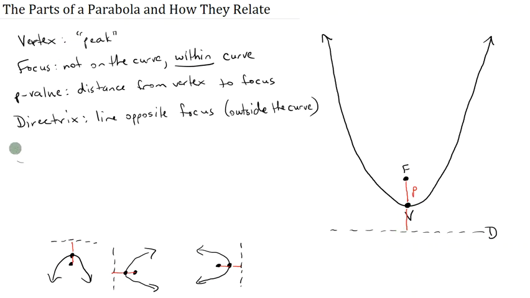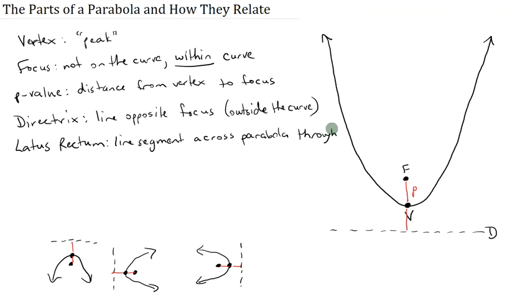The next thing is called the latus rectum. The one thing we have not done with our parabola is talk about how wide it is. We know that can vary. And so the latus rectum helps us to start nailing that down. The latus rectum is a line segment across the parabola, and it's through the focus.